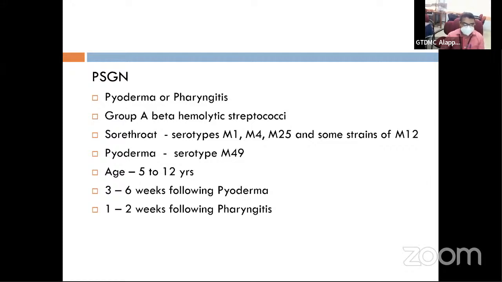Following a pyoderma, it takes around 3 to 6 weeks, and following streptococcal pharyngitis it takes around 1 to 2 weeks for the onset of glomerular nephritis.